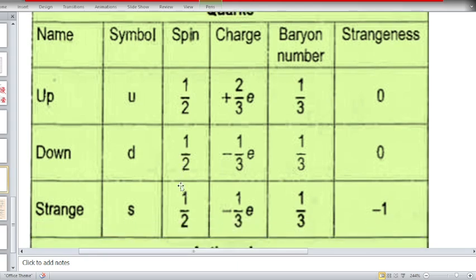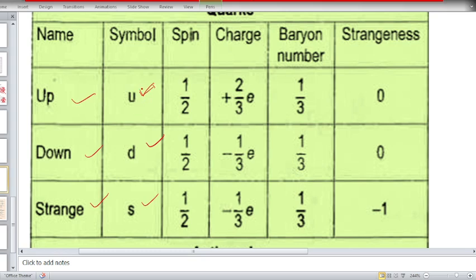As you can see here, you have 3 different quarks tabulated. You can see the up quark, down quark, and strange quark, and the corresponding symbols are U, D, S. These are the quarks which are used to make hadrons.